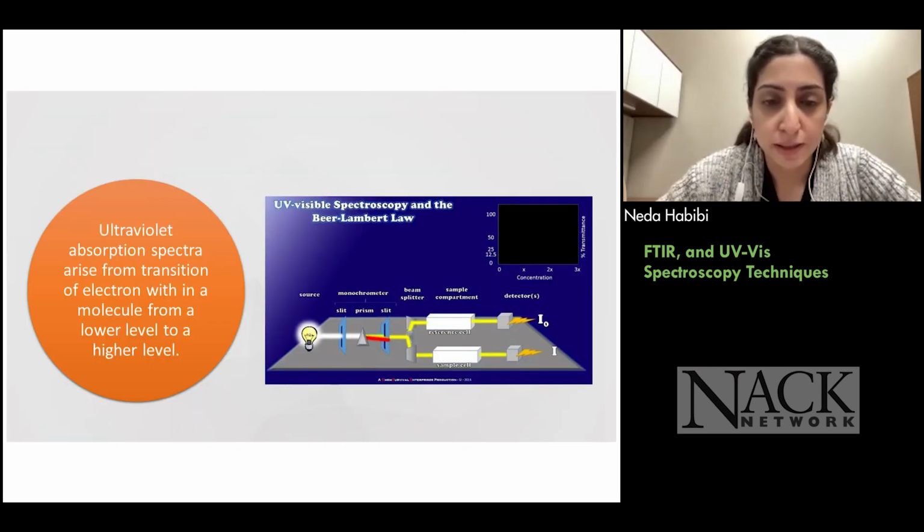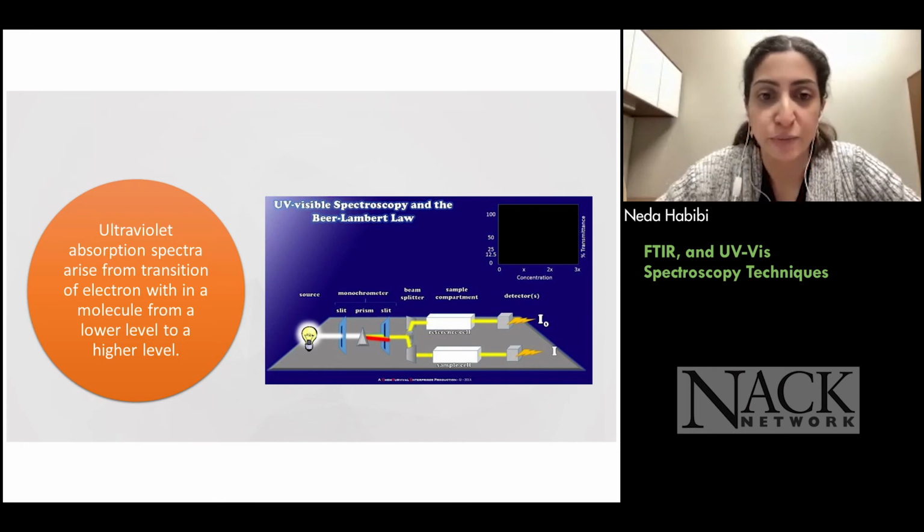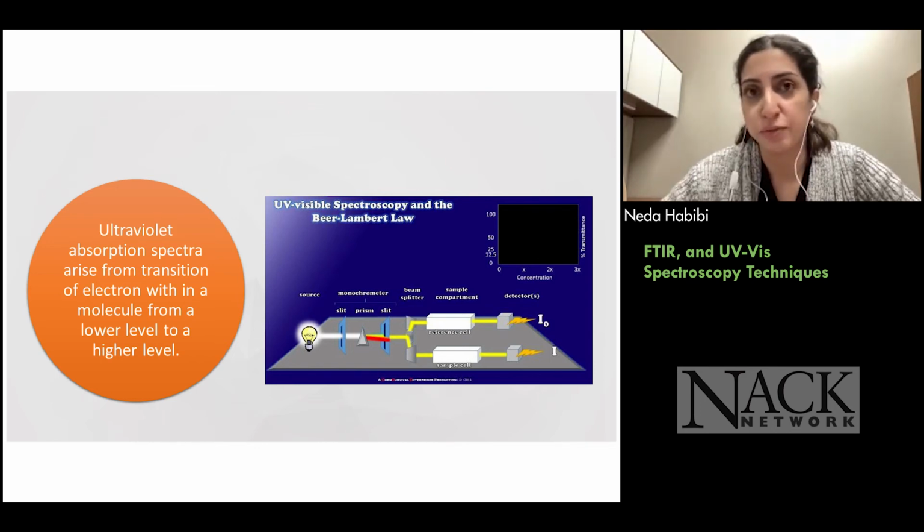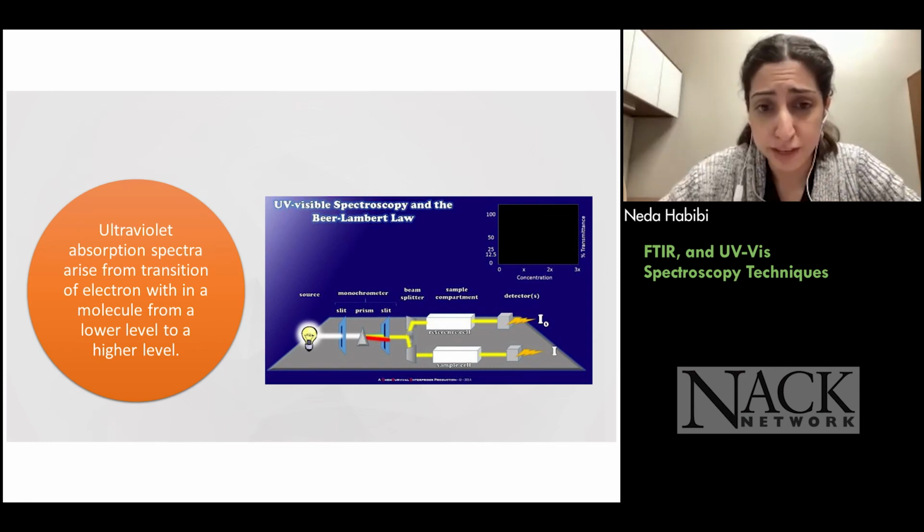So in UV-visible spectroscopy, we have a source of light, and then we have a monochromator, which is diffracting light into all those individual beams. We can choose one individual beam in the range of visible and UV, or have a range of light shine on a sample. And then we have a beam splitter.